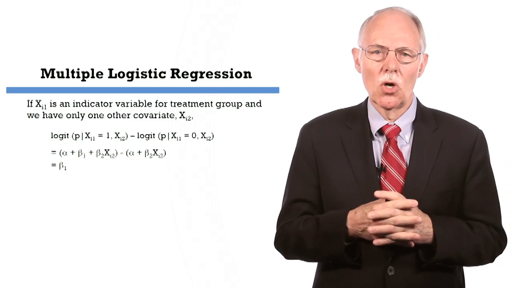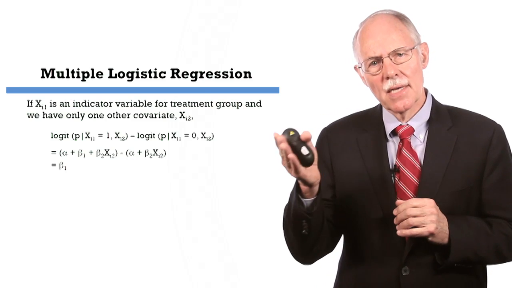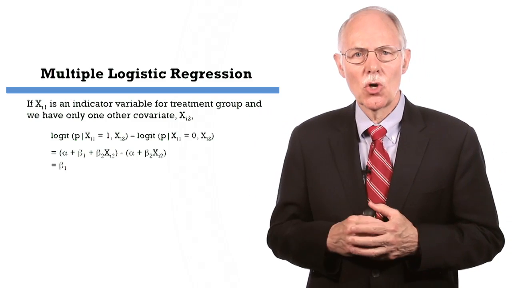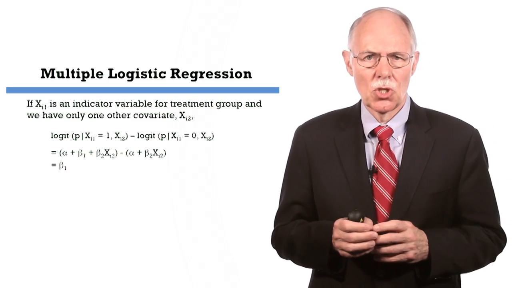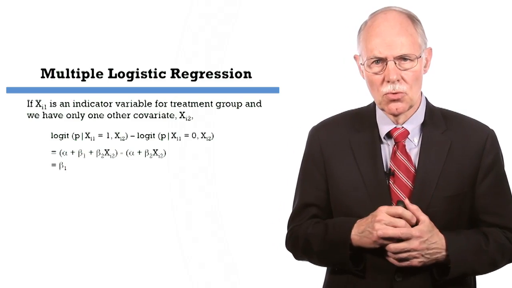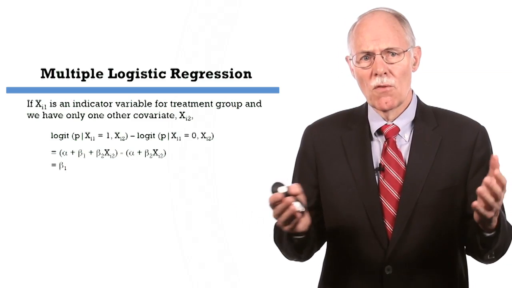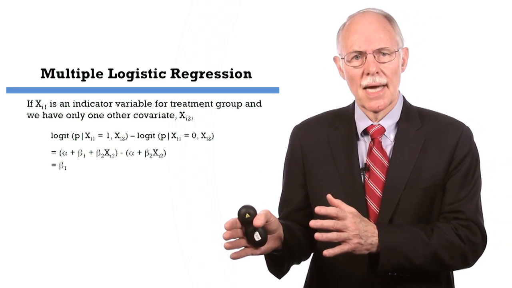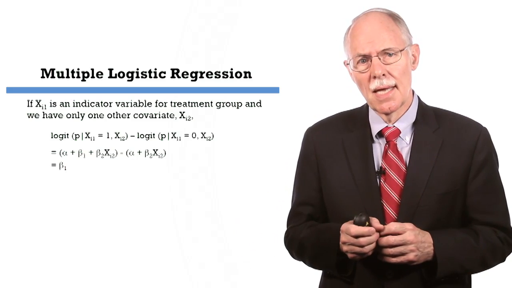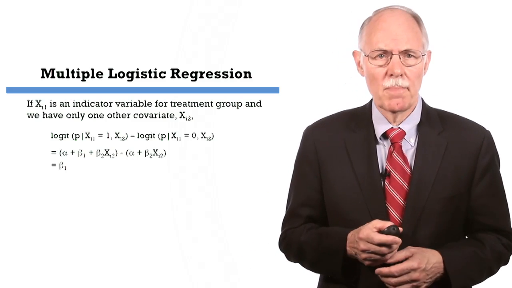Compare that to the logit in the group with xi1 equals 0. If xi1 is equal to 0, the term involving xi1 will drop out of the model, and so what remains is just the term alpha plus beta 2 times xi2. So what is the difference in the logits for patients with xi1 equal to 1 versus patients with xi1 equal to 0? You can see that that's a very simple arithmetic operation, and the answer is beta 1.